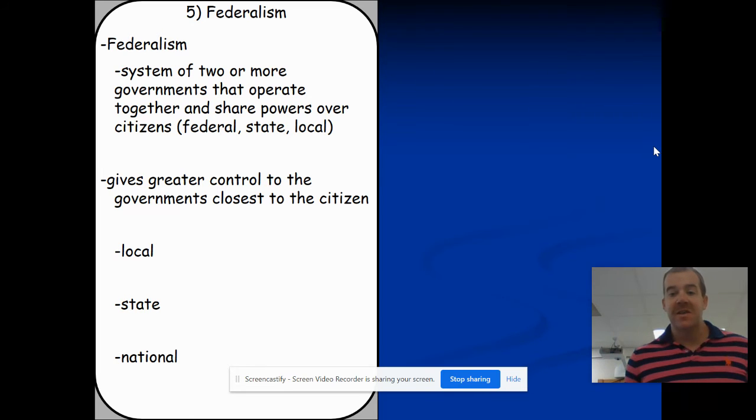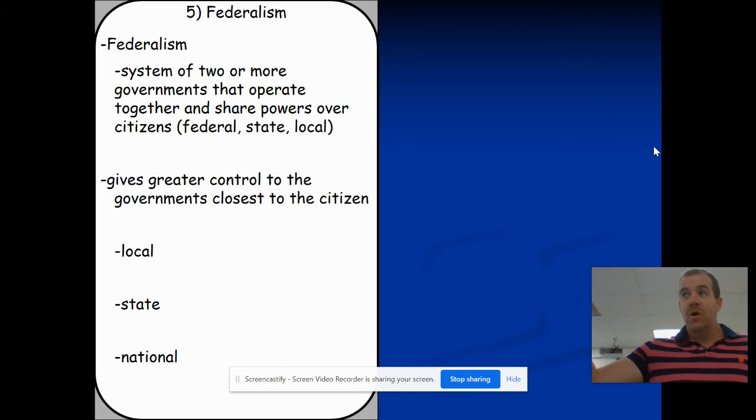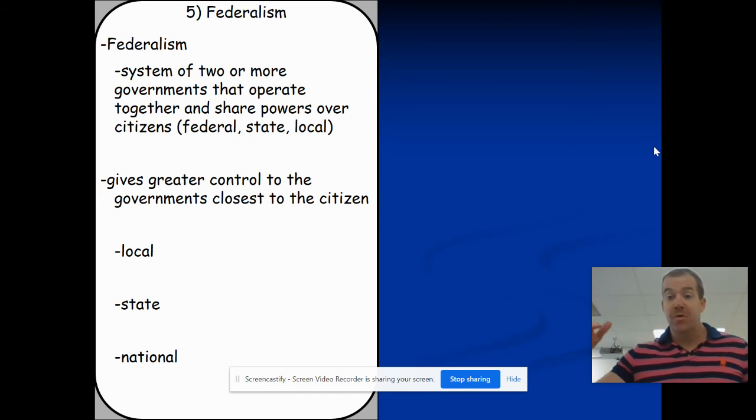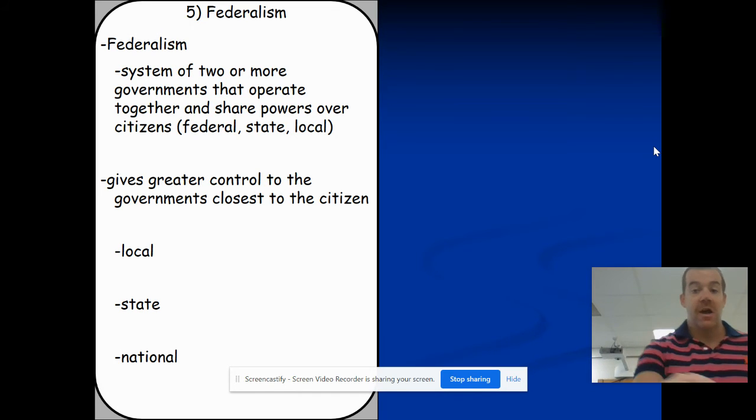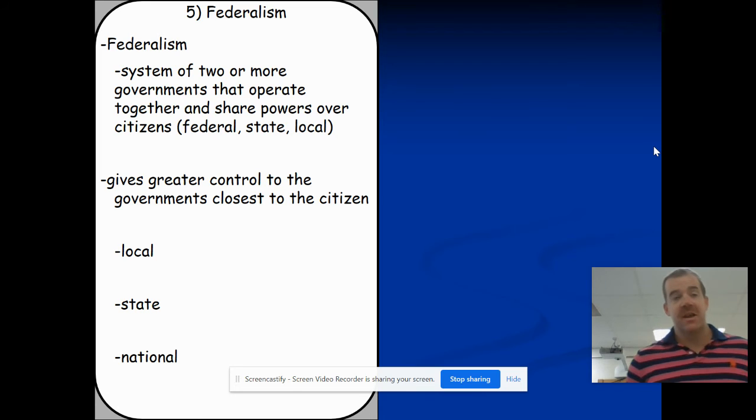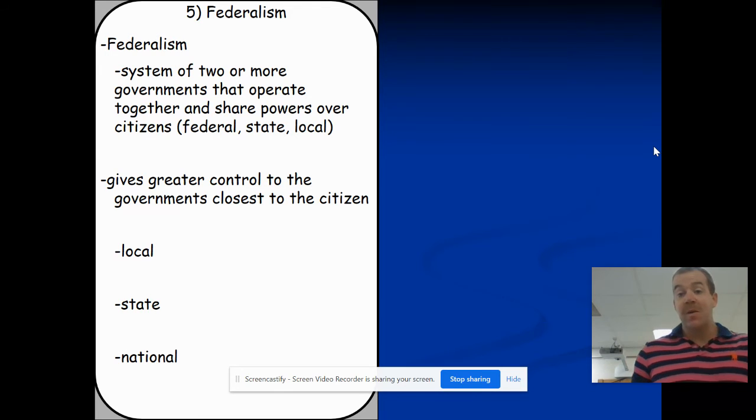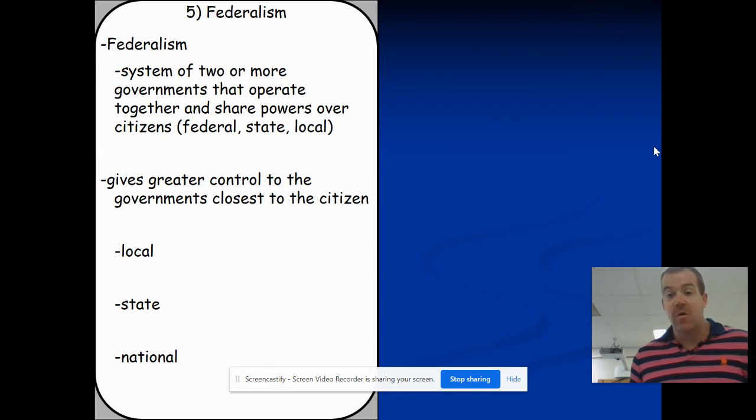Another way I explain this to students: think of it on a national level. What kind of police is on the national level? You have the FBI, or Federal Bureau of Investigation. At the state level, you have a State Bureau of Investigation. You also have the State Highway Patrol. That's a state law enforcement agency.